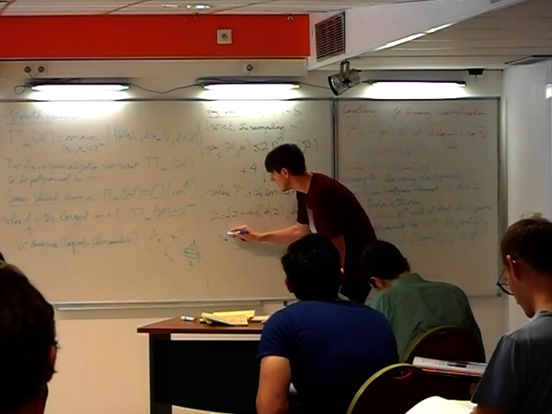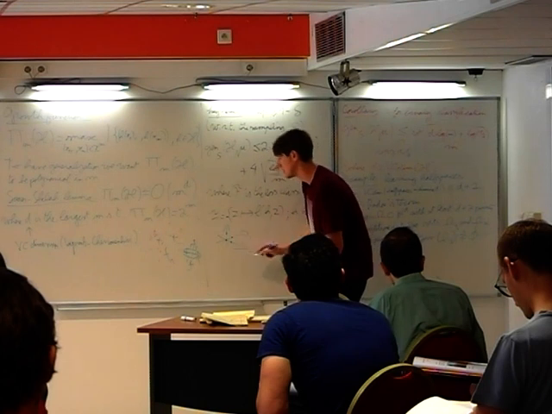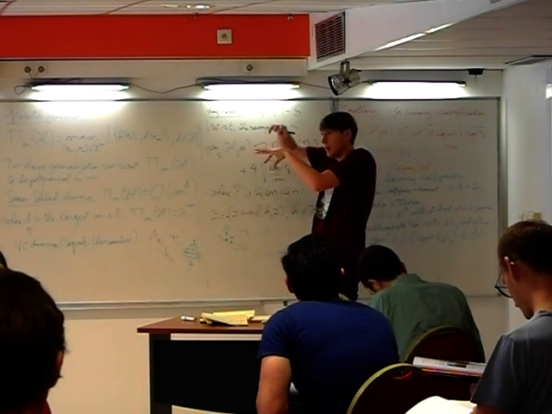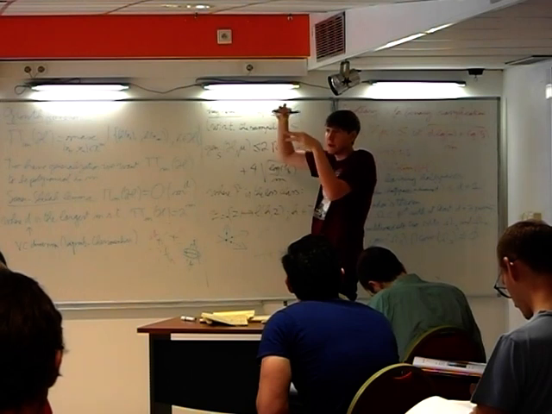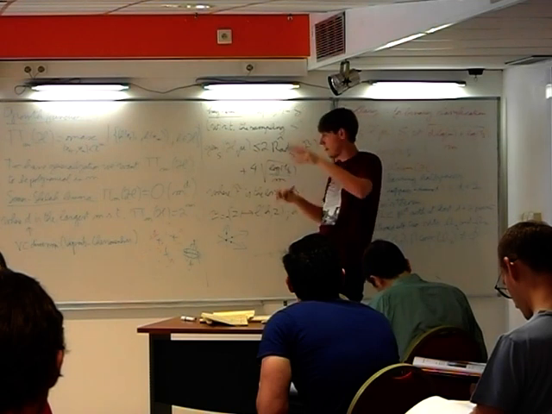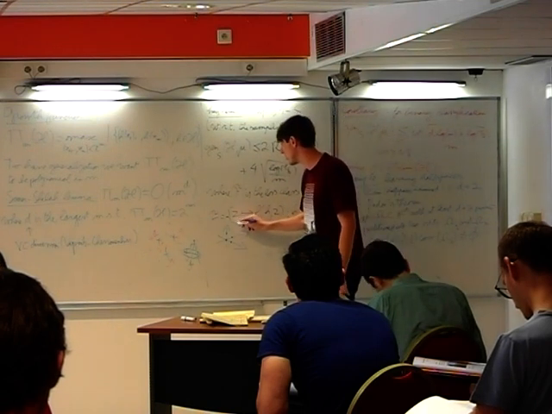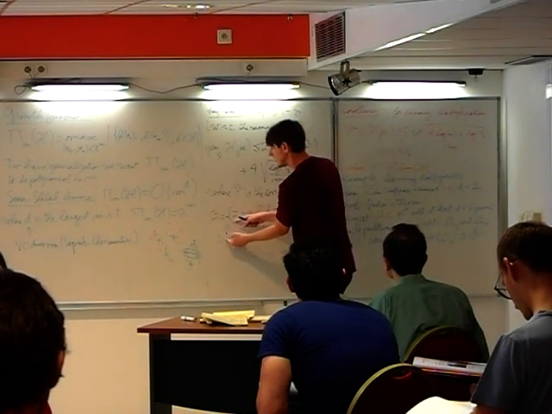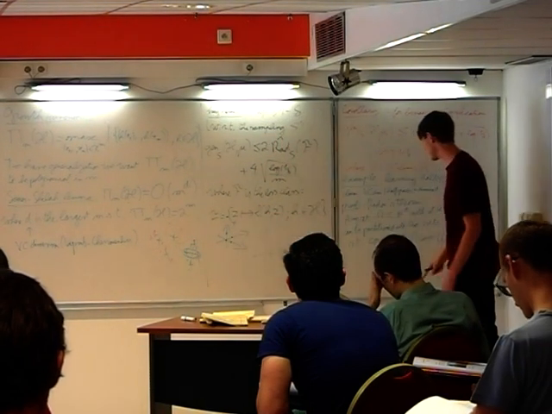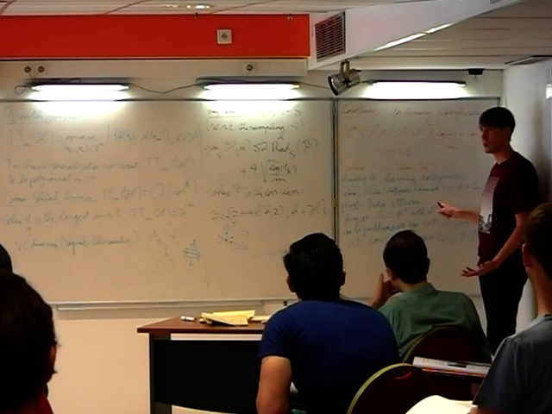Clearly, I can take d plus 1 points, but I cannot do that. Take 0 and the coordinate basis, so 0 and all the coordinate vectors. If I partition it into any two sets, the convex hulls don't intersect. But if I add any other point, then suddenly I can take this, and that's it. They intersect. Now, why does this conclude the proof?